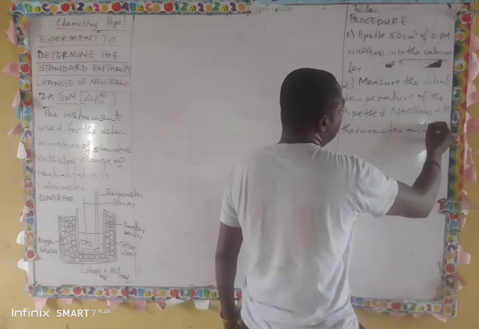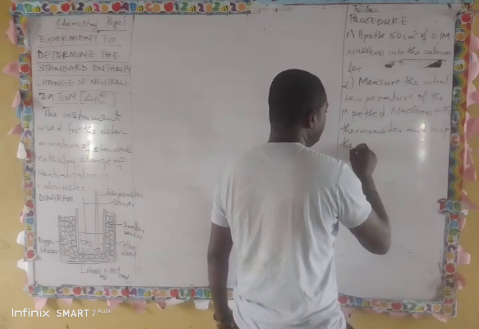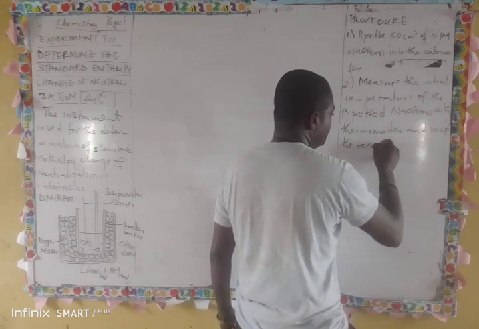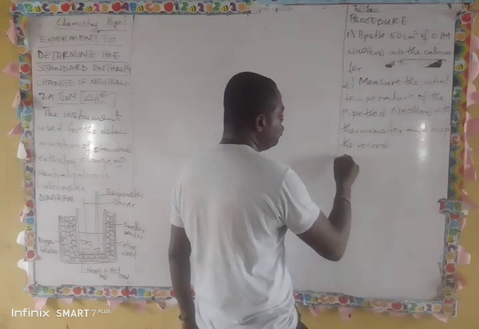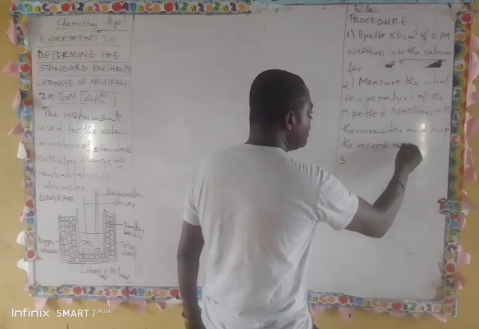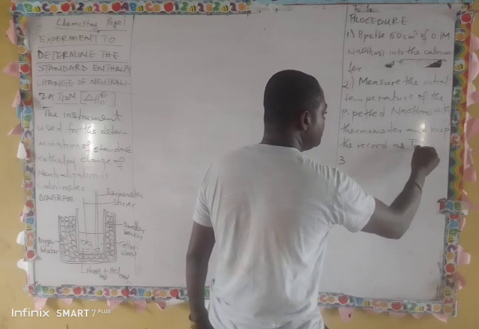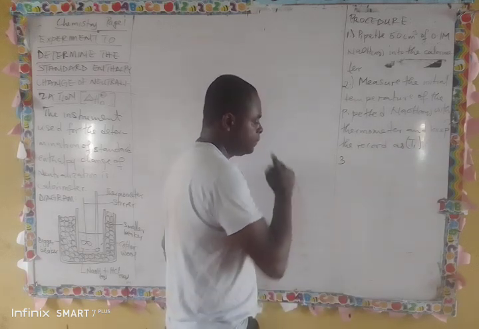And keep your record. Keep it. Don't misplace it. Step 3. Keep your record now as T1. That temperature you take now, call it T1.